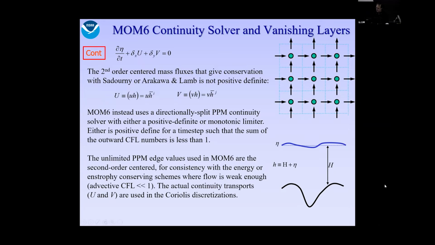So if I have a flow from a thin point to a thick point, and the thickness at this point in between is the average of the two, it is possible, depending on how large the difference between the thickness of the adjacent points is, for you to suck more water out of the cell than you actually have within the cell.